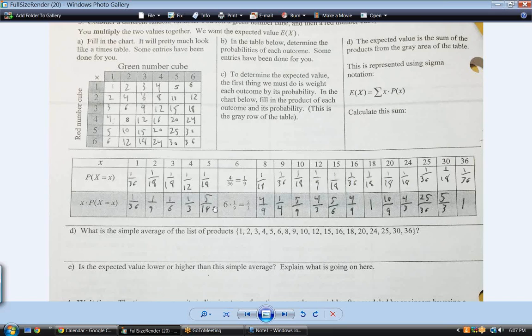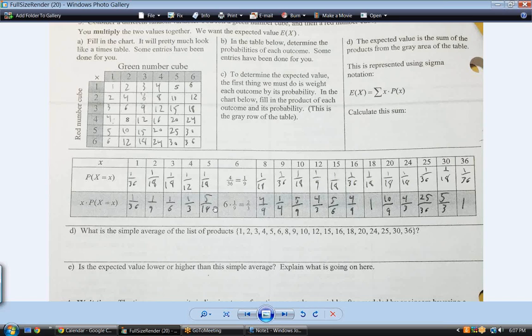Any thoughts on that? I would think lower. Well, let me think about it for a second. Across the top is all of our possible products. Right. But the probability of each one of them is not the same.